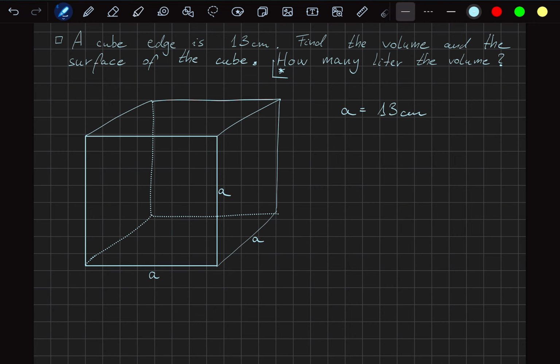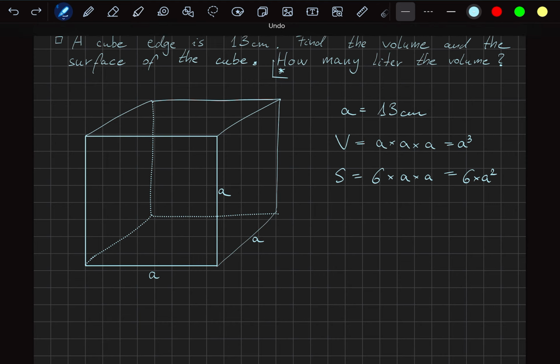So the volume is a times a times a, and the surface 6 times a times a, so 6 times a squared. A cube, sorry, not squared, cube.